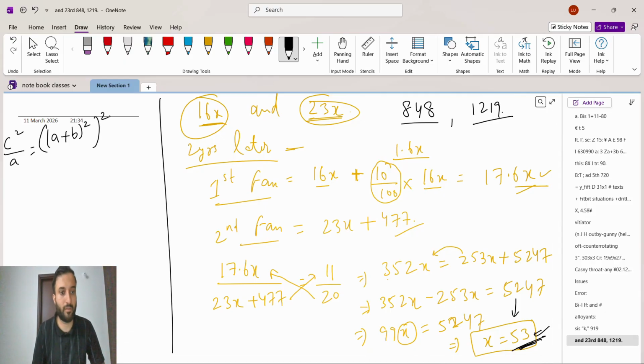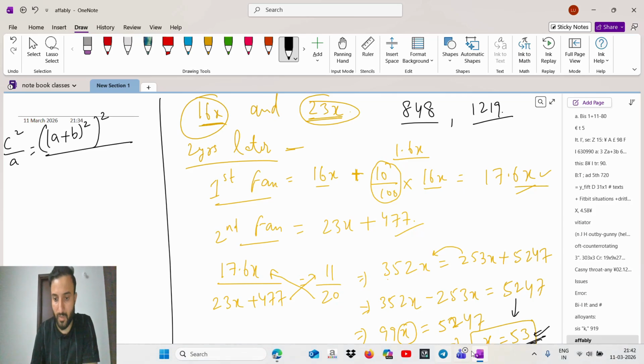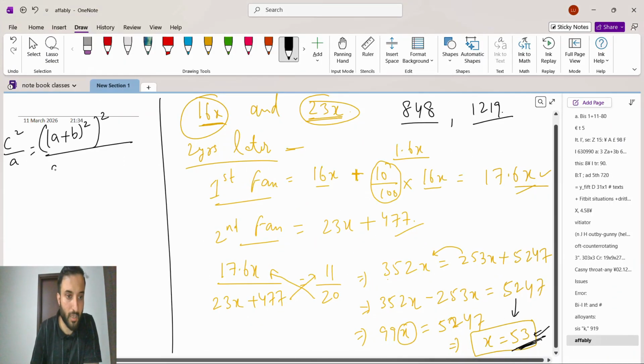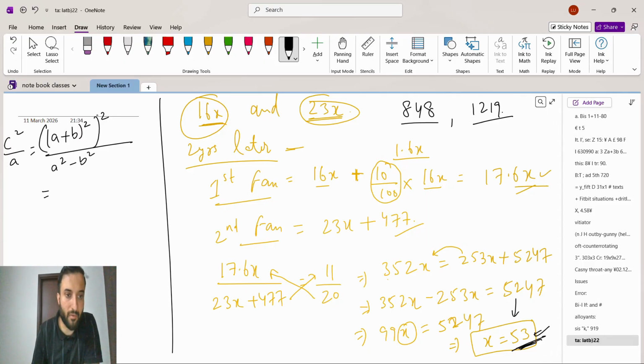That squared, C square, right? Because C is A plus B whole square, and then that square by A. A is A square minus B square. Guys, we know power upon power, what will happen? In indices, power upon power, the powers multiply, so it will become A plus B whole power 4.